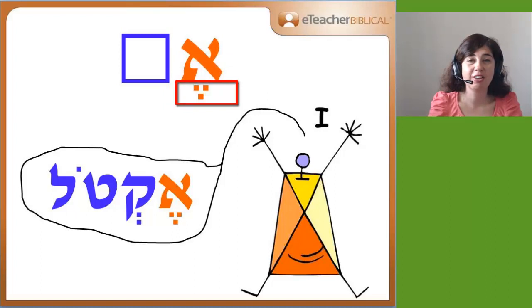Ani ektol. Or with a patach pattern, ani ektal. For example, ani eshkach, I will forget. Ani ezkor, I will remember. I hope you will remember.